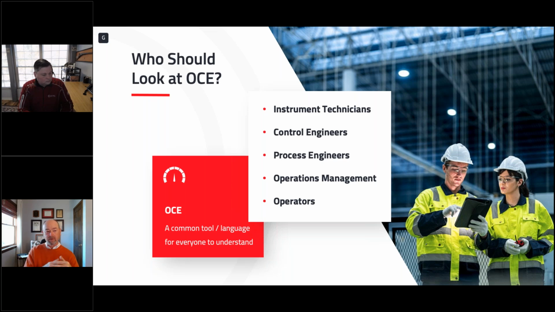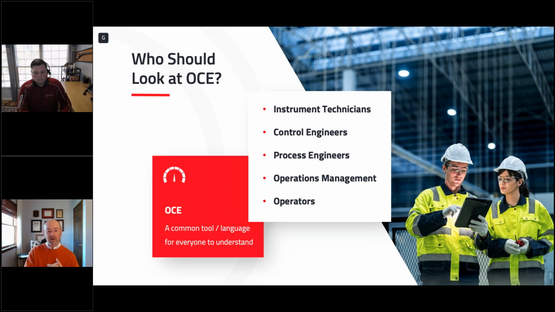But as you've all heard in any discussion about digitalization or digital transformation, for this cultural change to happen, you've got to inform people outside of that normal day-to-day dealing with instrumentation. You want to get your process engineers, operators, and operations management educated about OCE, so that automation and control is more than the black box that a lot of people treat it as.